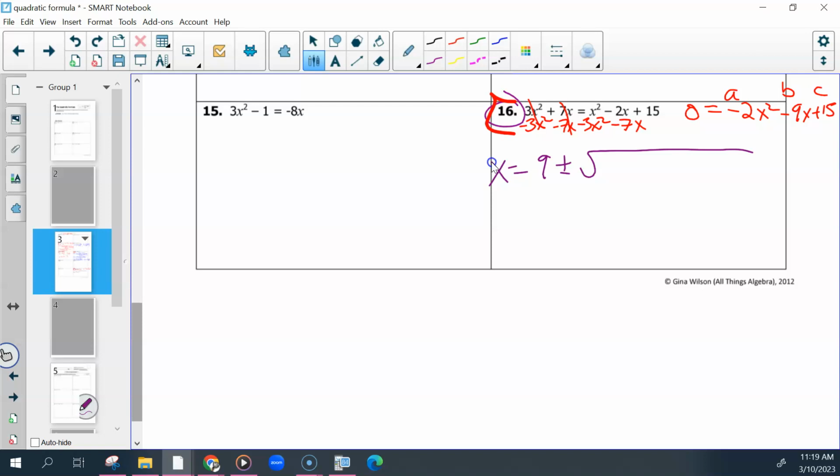Negative 9 times negative 9. What's negative 9 squared? 81. Minus 4 times negative 2 times 15. All over 2 times negative 2.